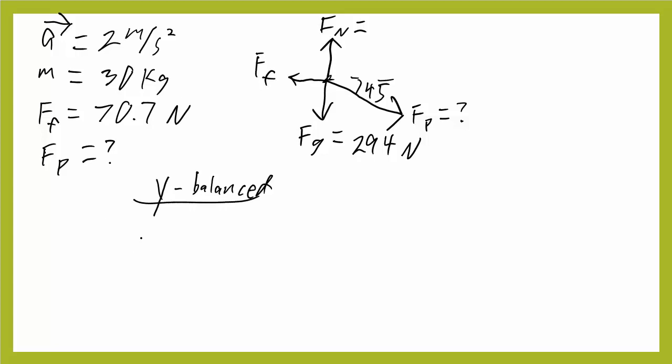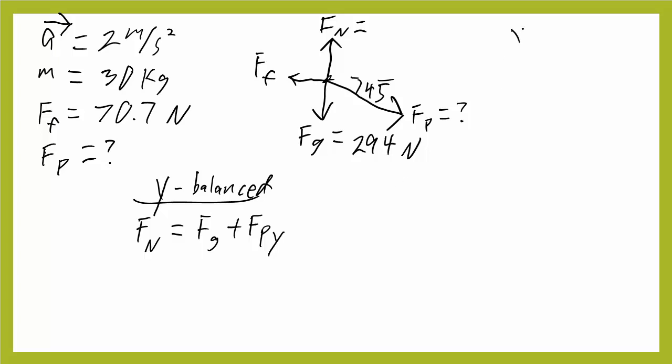So we've got the normal force up, because we can still say that the up forces equal the down forces. We've got gravity down plus Fpy, the vertical component of our push. I don't know the normal force, so I can't solve for Fpy using just the vertical stuff.